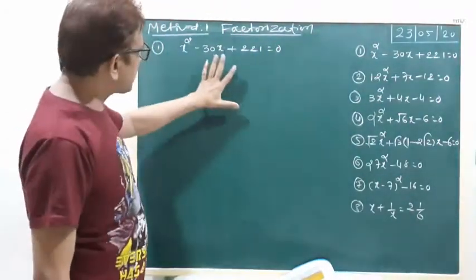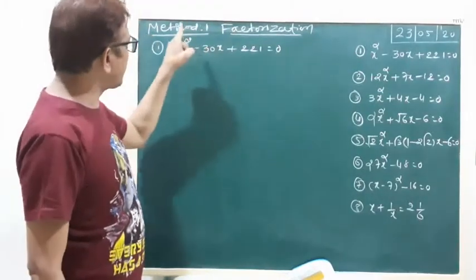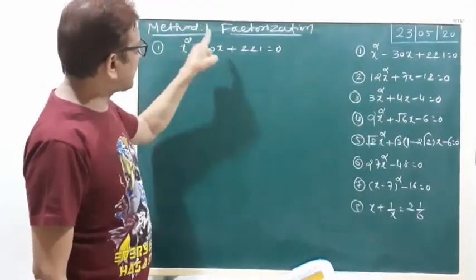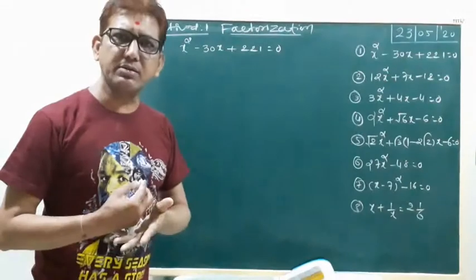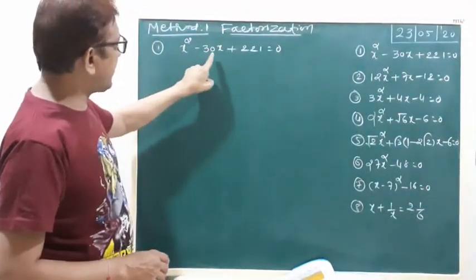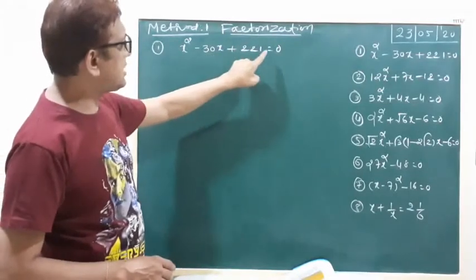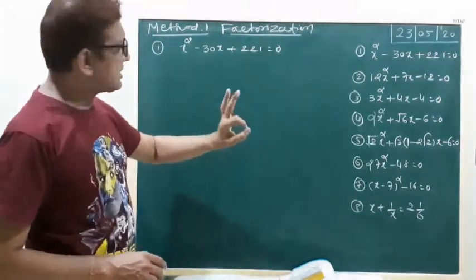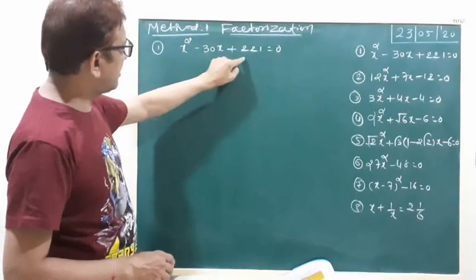In this video lecture we are discussing quadratic equation method number 1, factorization method. Clear? Here our question is x square minus 30x plus 221 equal to 0.